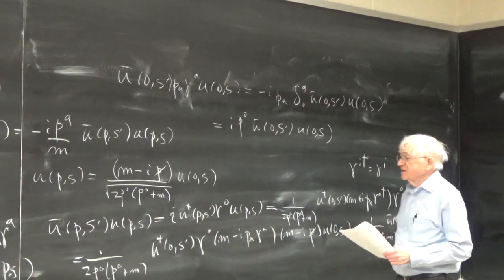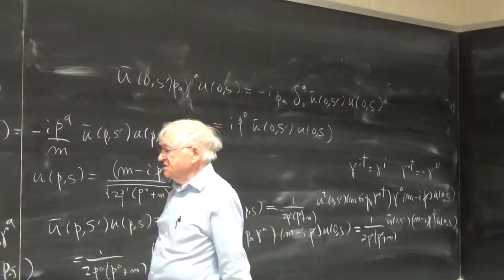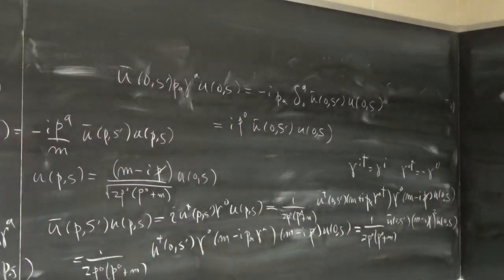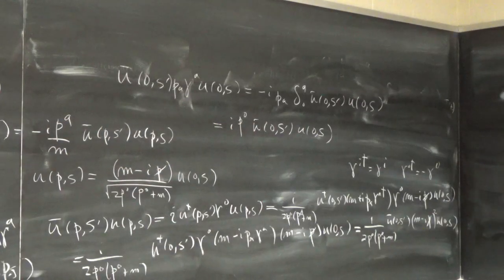And then the standard anti-commutation relation, the anti-commutator of gamma A with gamma B is 2 eta AB.